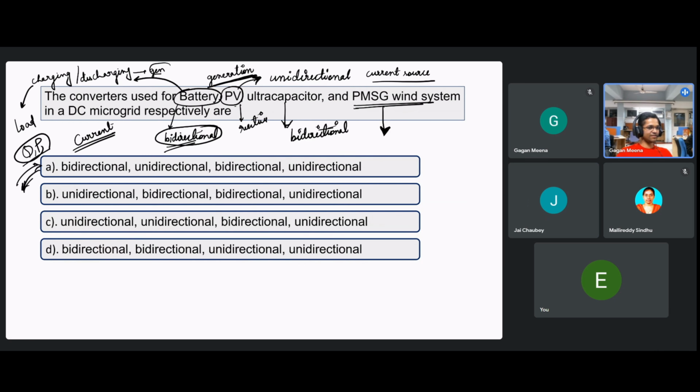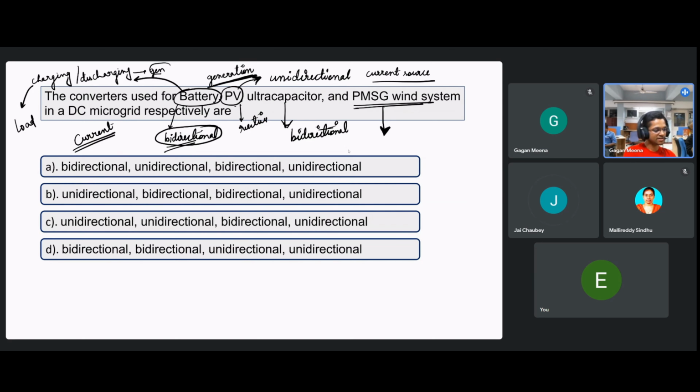So wind is unidirectional or bidirectional? I'm having doubt because synchronous machine can act as a generator also, no? In overexcited case, it will provide reactive power. We are using it in generation mode only, not in the motoring mode.